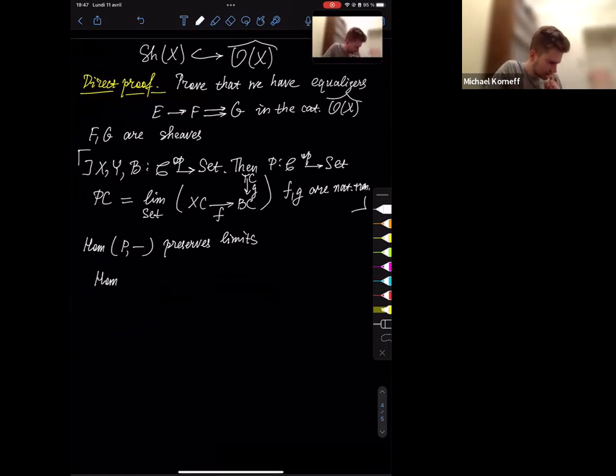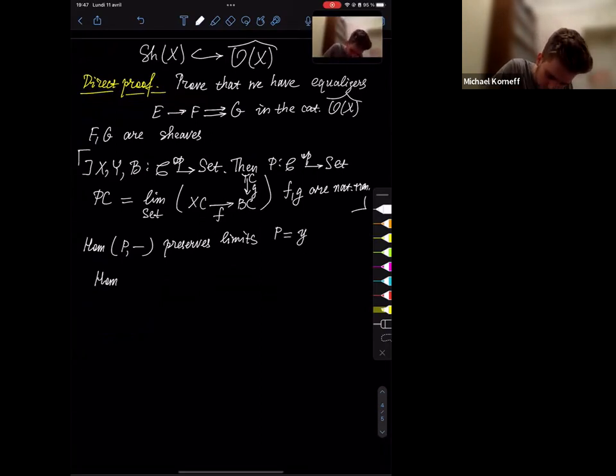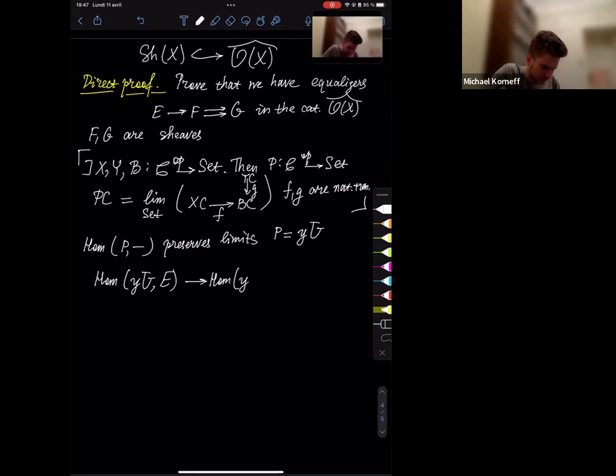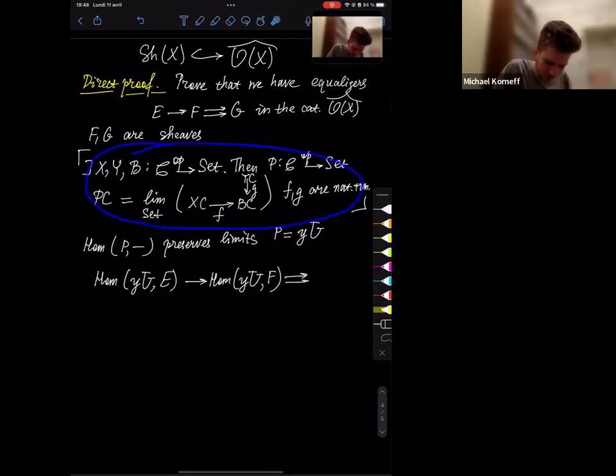But if P equals the representable functor y of U, then we obtain the following. It will also be an equalizer because of this observation.